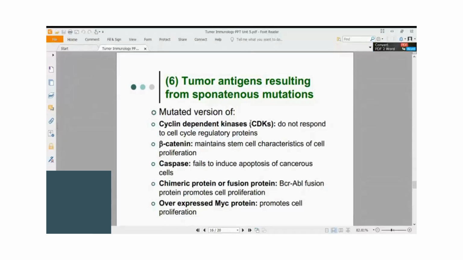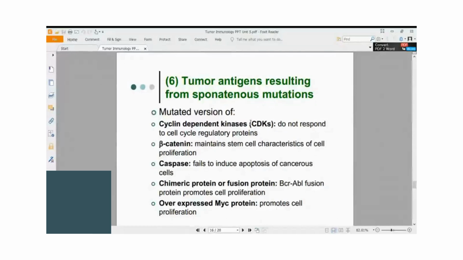But the mutant version of beta-catenin does not undergo ubiquitination and it does not perish. It lives in the cell for more than 20 minutes. Because it lives in the cell for more than 20 minutes, it gives that additional ability for the cancer cell to retain stem cell characteristics so that they can continue to proliferate as stem cells, but not differentiate.